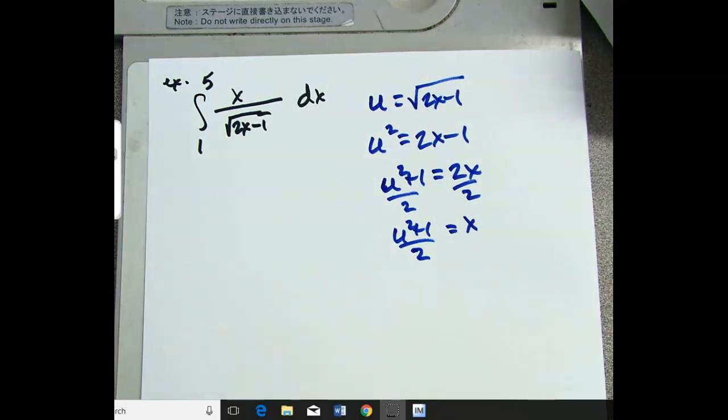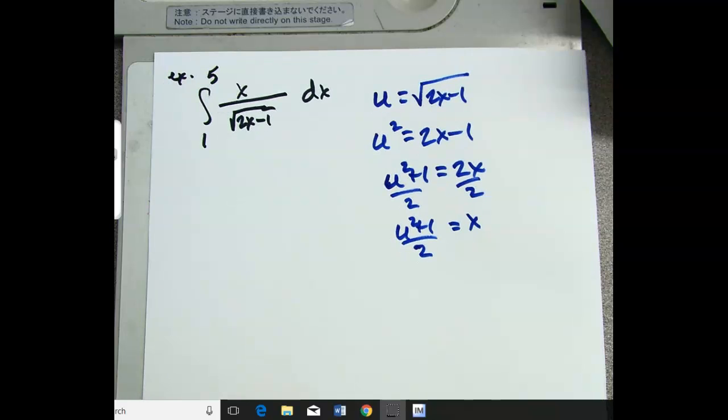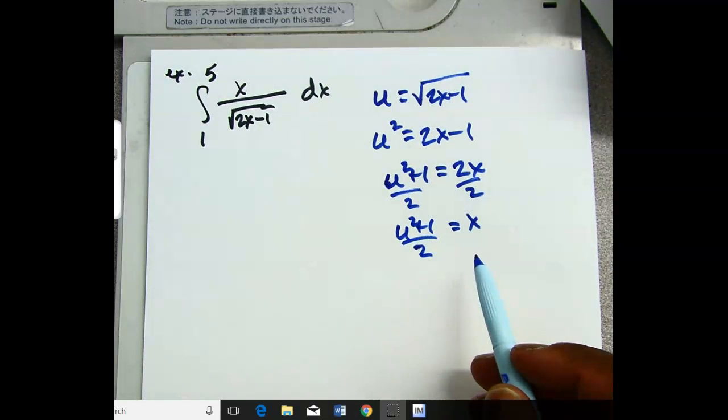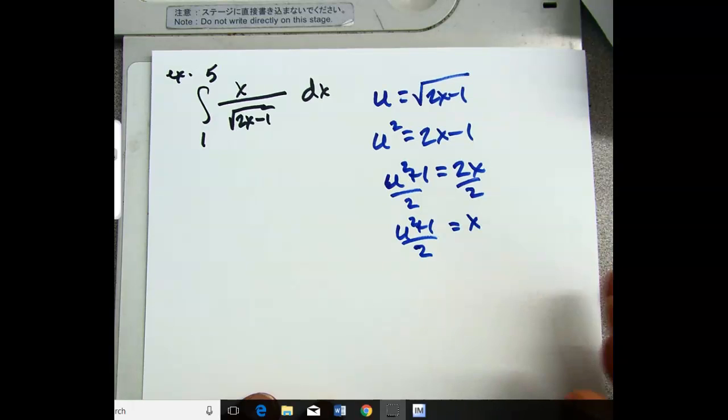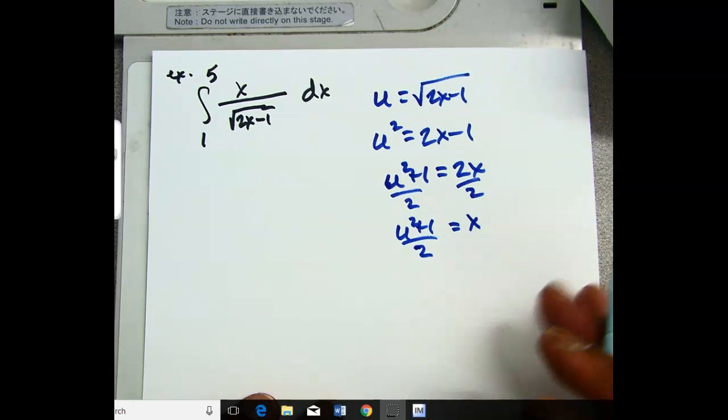Now, we never did do du. So x is equal to u squared plus 1 over 2. Are we okay? All right.